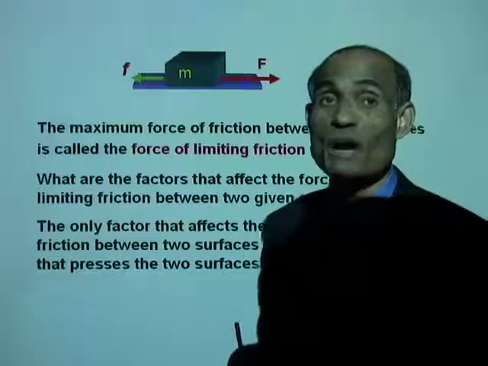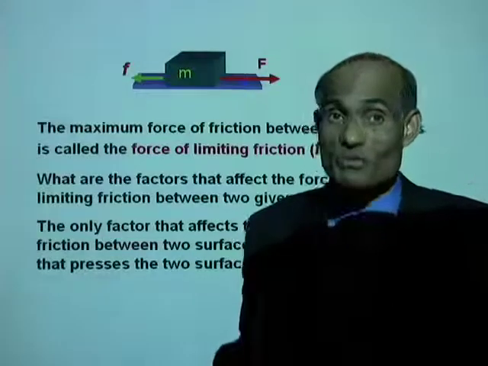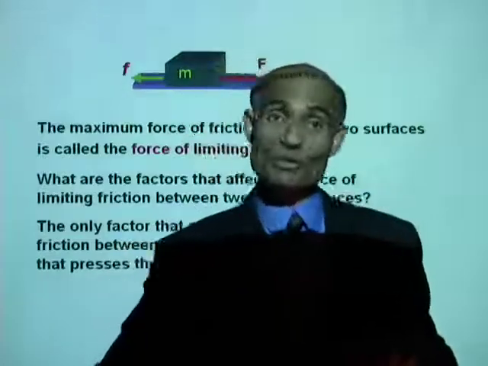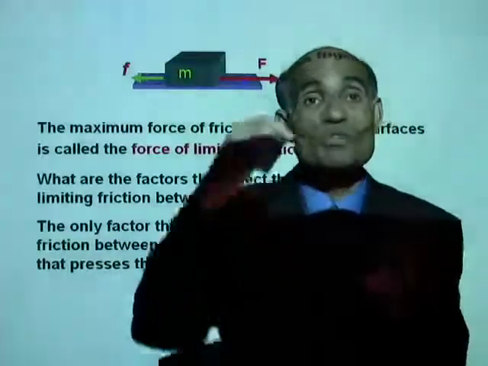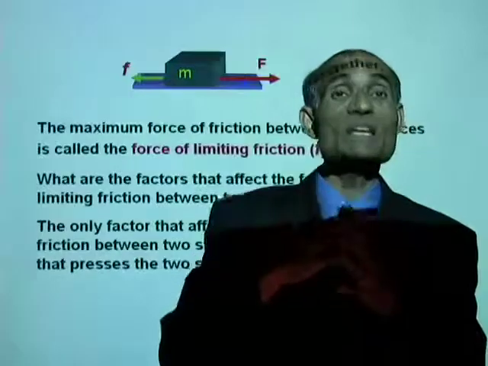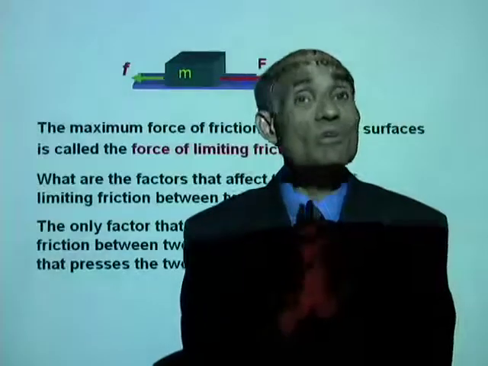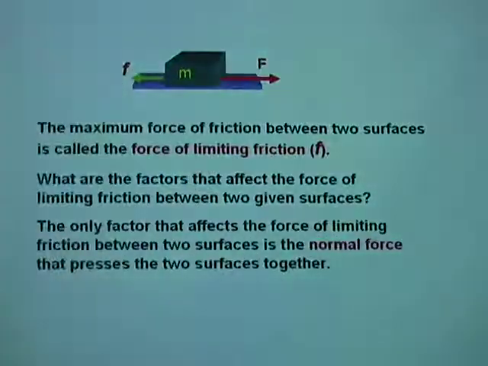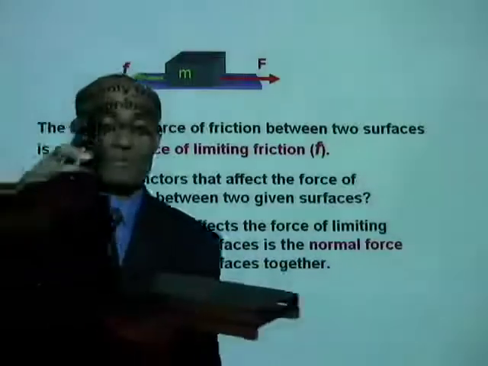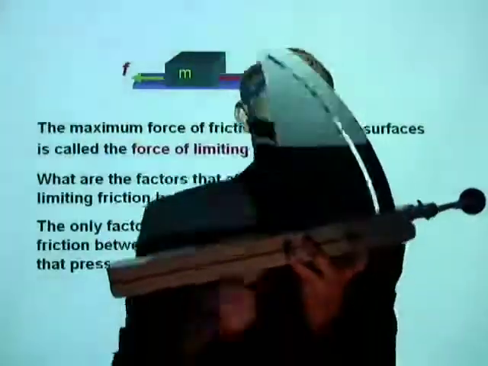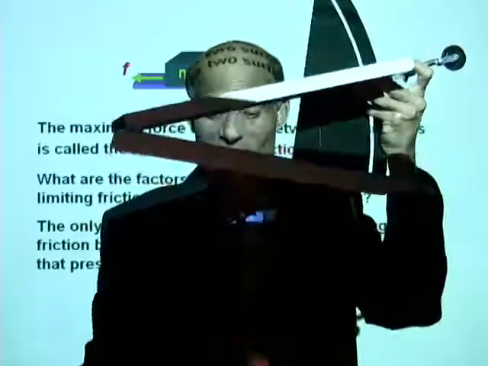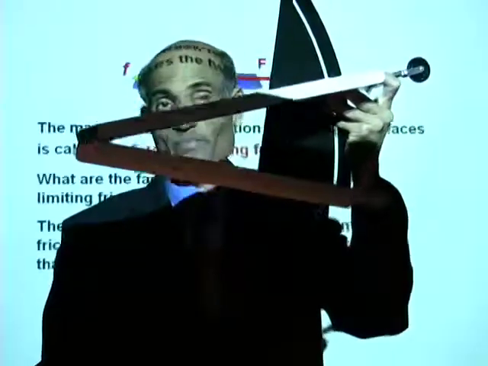Now, we have talked about this normal force several times. When the two surfaces are horizontal, the normal force is equal to mg, the weight. Do you remember, if an object is placed on an inclined plane like this, what is the normal force in such a case?